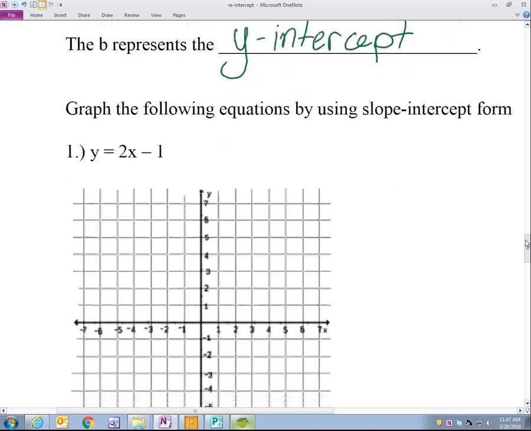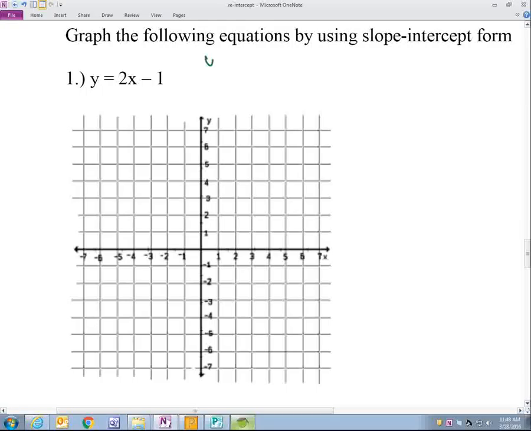So let's do that using the slope-intercept form. Once again, just because I can't see it, I'm rewriting it right above it. So what is my slope here? M is equal to what? Yeah, 2.